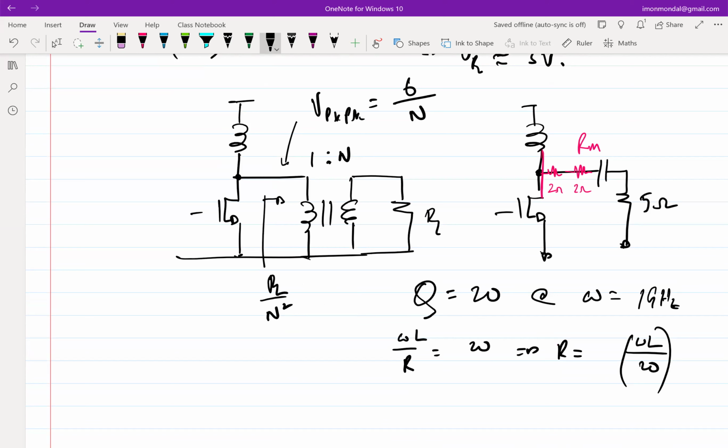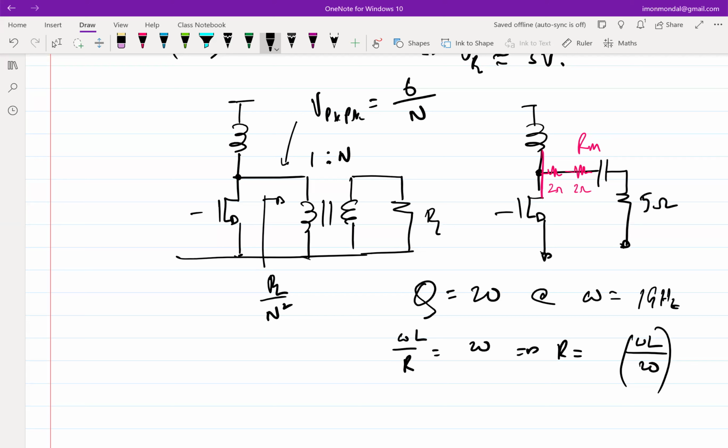So this essentially gives you another pointer that if you want to use a matching network, that is one of the reasons in PAs the matching networks are often off chip. They are not on chip.